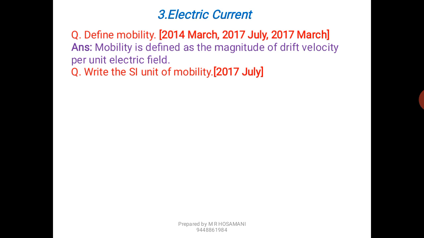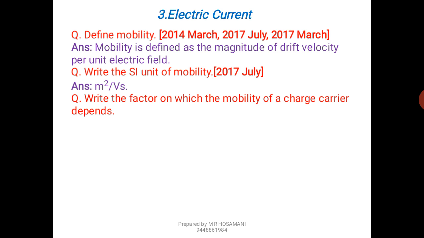The SI unit of mobility: drift velocity is in meter per second, and the field is in volt per meter, so we get meter square per volt second, or m squared per volt per second. Clear? Okay.